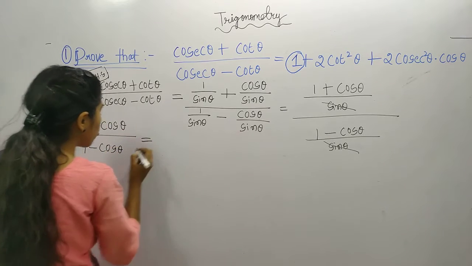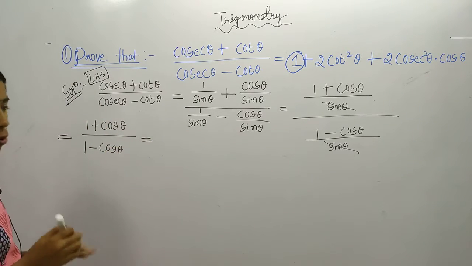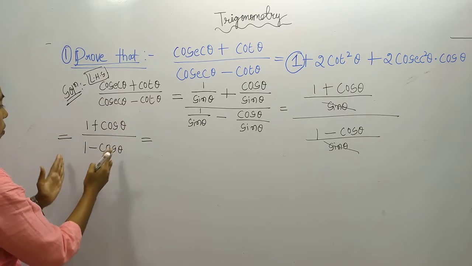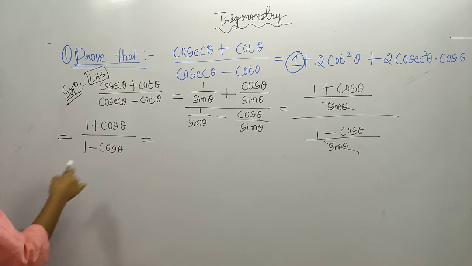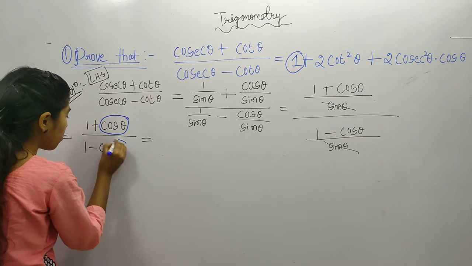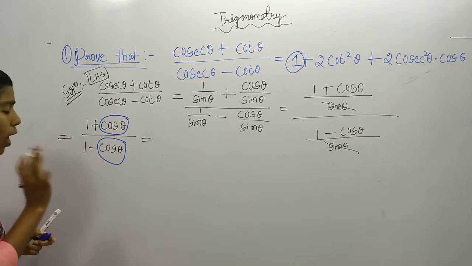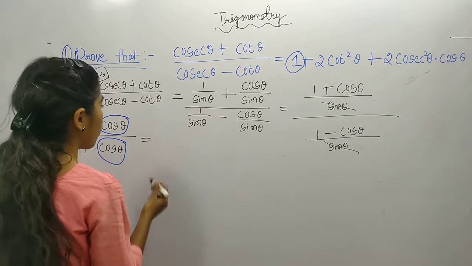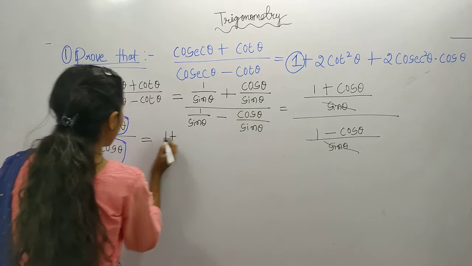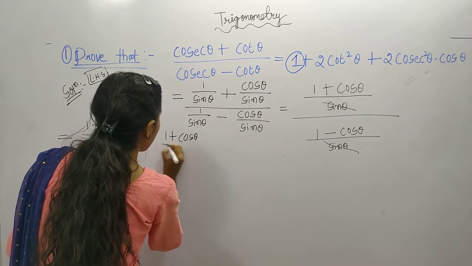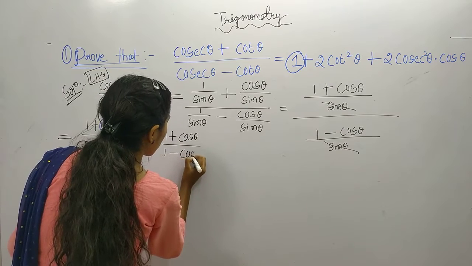Next, what do we have to do? We have already converted those angles into cos theta. One simple way is there. First write what we have got: 1 plus cos theta divided by 1 minus cos theta.